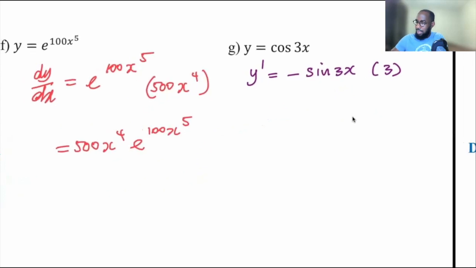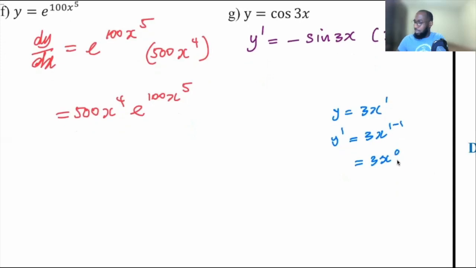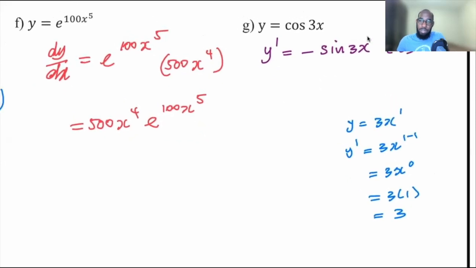So just to elaborate, if you had y equals 3x, y prime is equal to, remember we have a power here, the power is 1. 1 times 3 is 3. x to the 1 minus 1, right? 1 minus 1 is 0. We know any number raised to the power 0 is 1. And 3 times 1 is 3. You don't have to do all this work in here, because your question will have a lot of working in it, right?